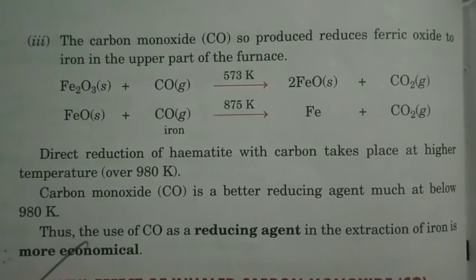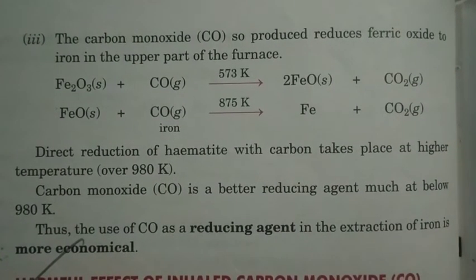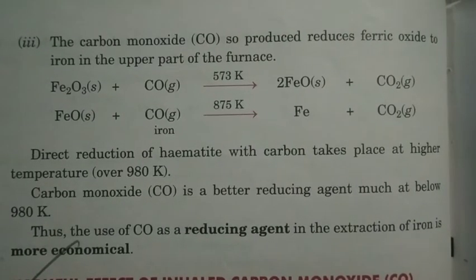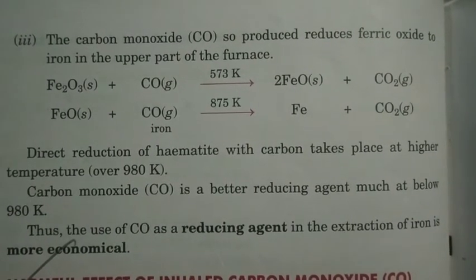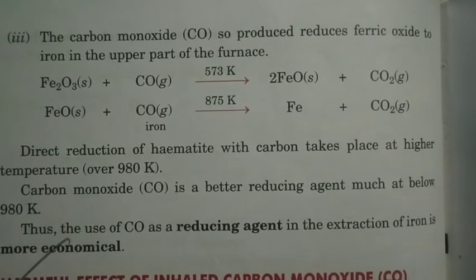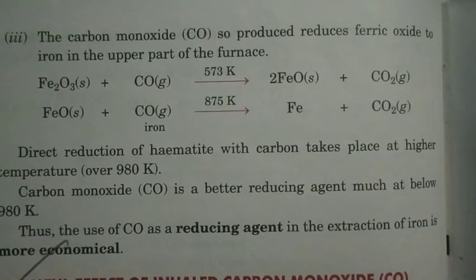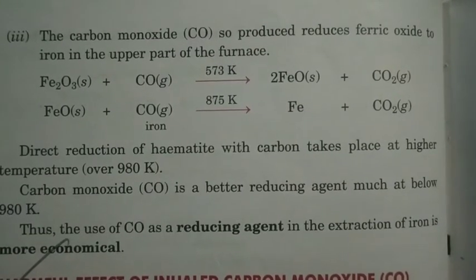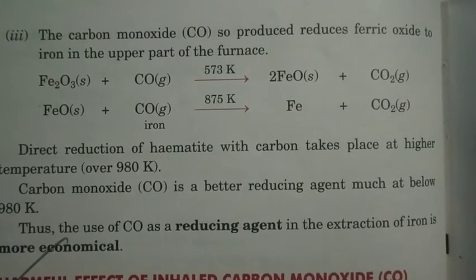Let's see the next reaction. This carbon monoxide which is produced reduces ferric oxide to iron in the upper part of the furnace. So you see the reaction, Fe2O3 plus CO at 573 Kelvin forms FeO, that is ferrous oxide, plus CO2.